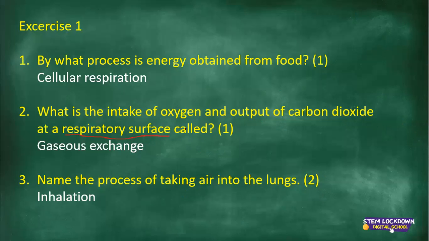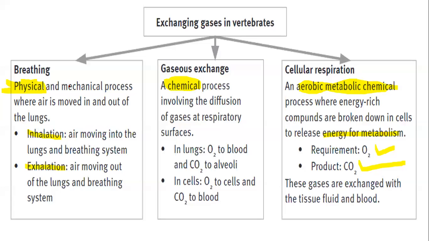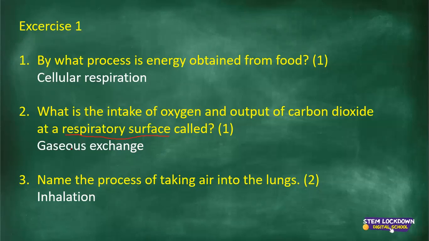So it's not just breathing. It is the chemical process that involves the diffusion of gases at respiratory surfaces. So that's the key point to note: gaseous exchange occurs at respiratory surfaces, whereby there's an intake of oxygen and output of carbon dioxide.